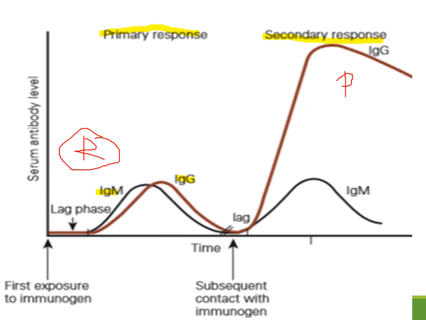So don't forget, the first antibody to rise is your IgM, but it will not lead to the production of memory cells. Your IgG is the one that has the ability to produce memory cells. That's why on the second encounter with the same virus, there is a greater chance that you will not get infected, because your immune system already developed memory cells. Please go on to the next video for the continuation of the discussion.